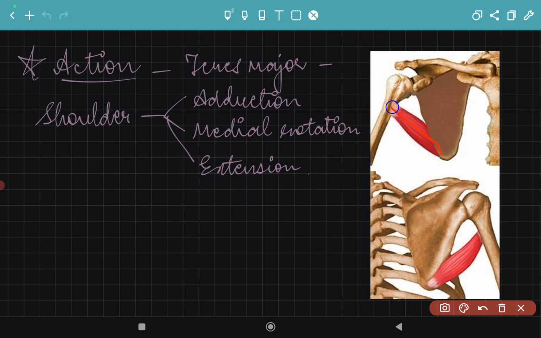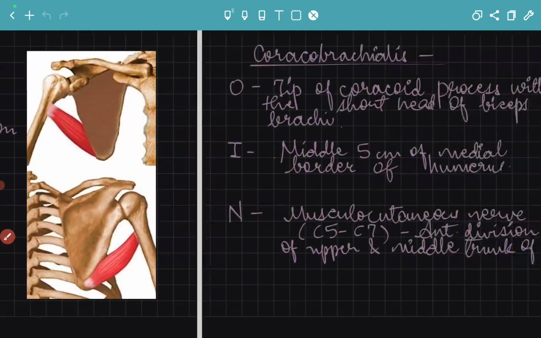According to the orientation of fibers, it will also pull this way to perform medial rotation. So it will cause extension, adduction, as well as medial rotation of the shoulder. That was about teres major.